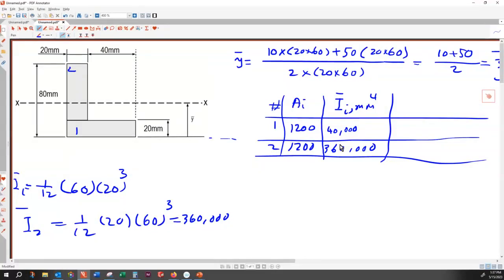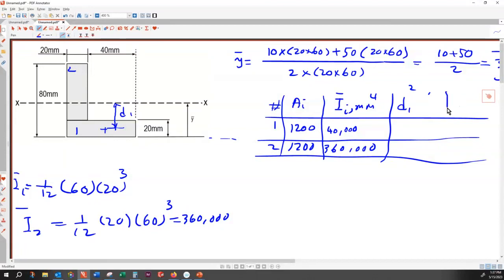All right. The next thing is I need to calculate the penalty. The penalty is the center of this shape measured from the centroid of the total shape. I call this D1, or D1 squared.